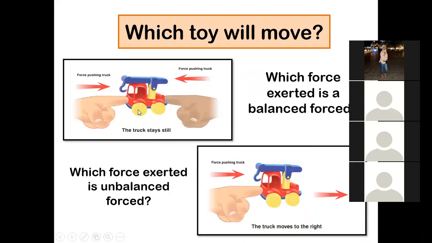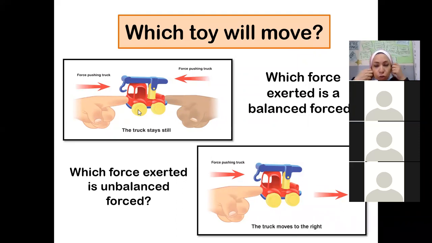Okay. So we were talking about the forces applied to a toy or an object. If I have two forces which are equal and they were applied to the same object from the opposite sides, it's not going to move.